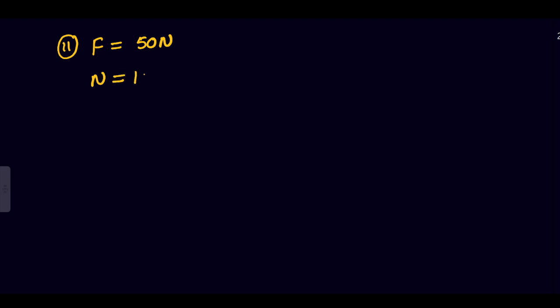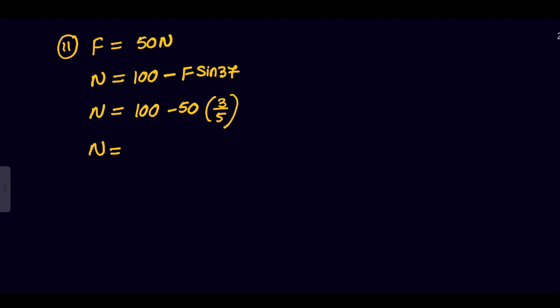In the second case, how much is the F value applied? 50 newtons is applied. So what is the normal reaction? 100 minus F sin 37. So N is 100 minus 50 into sin 37, which is 3 by 5.